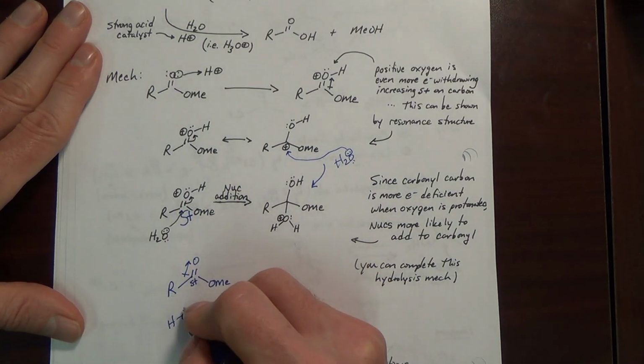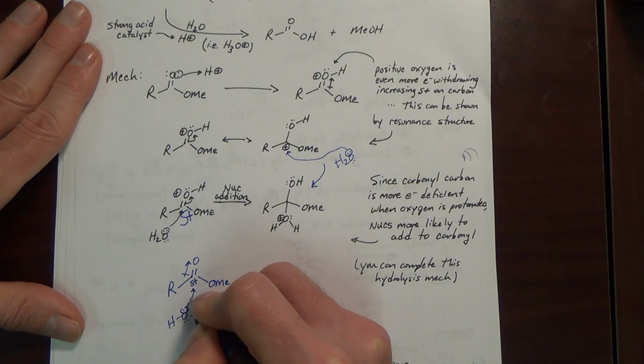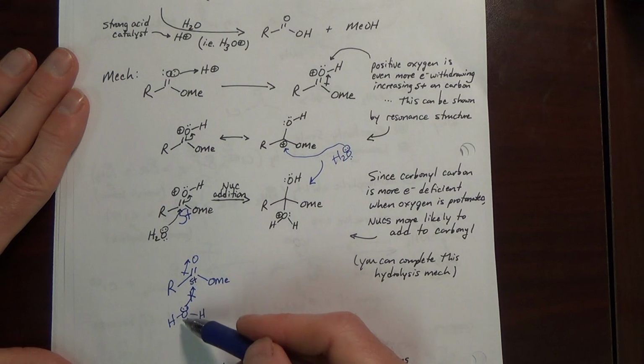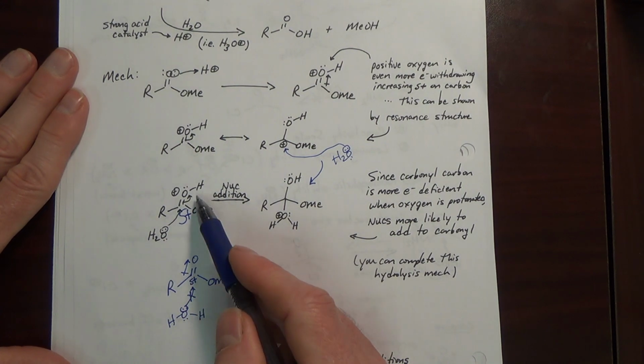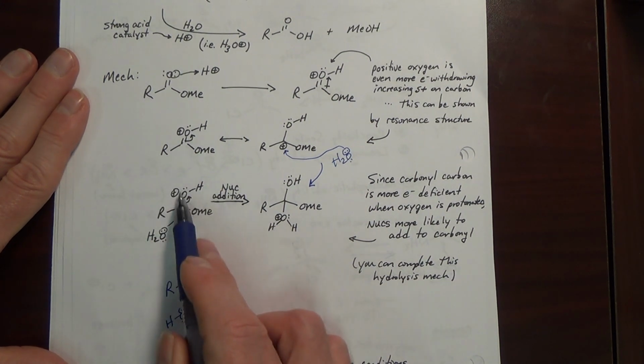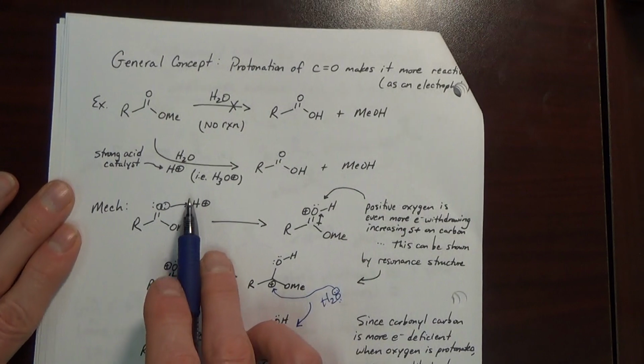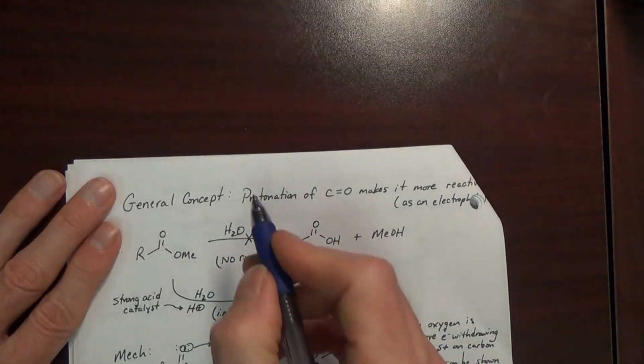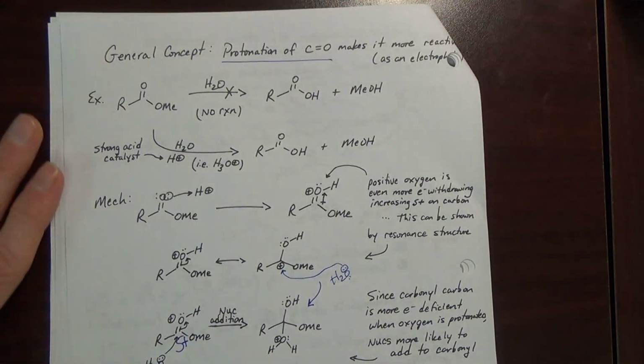And so it turns out that these electrons just will not come in here. Much diminished reactivity, and typically it just doesn't react. Protonation of the carbonyl allows it to react, and that's why the H plus is ultimately your catalyst. Protonation of the carbonyl.